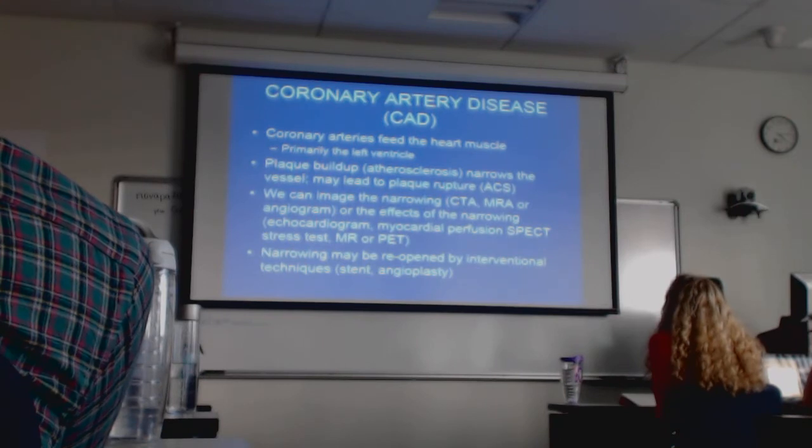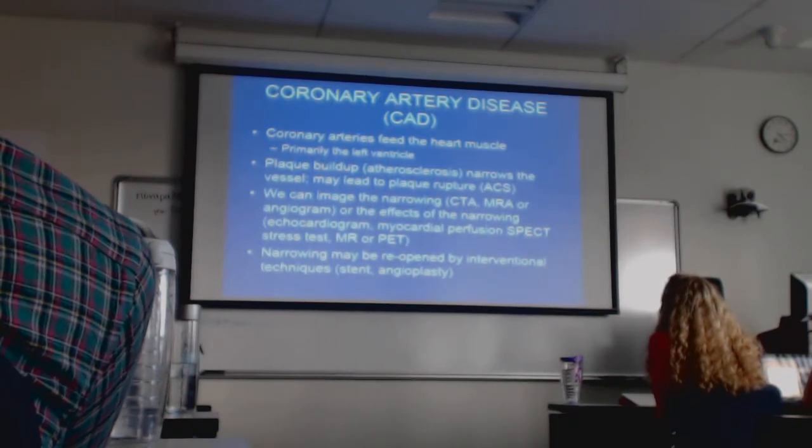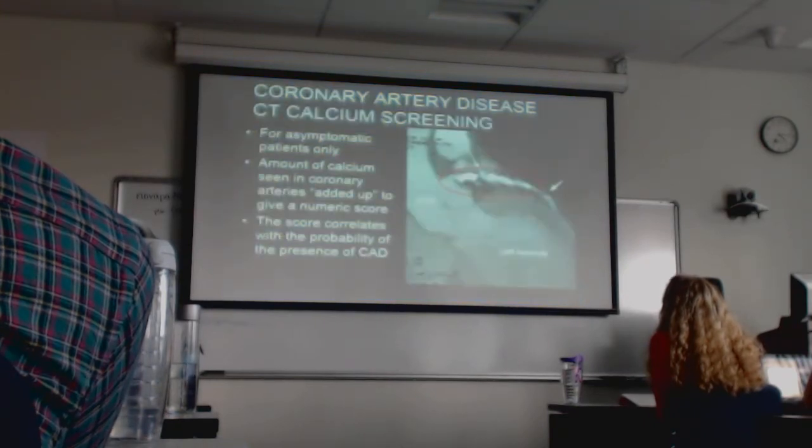Now, luckily, we have lots of different ways to see the lumen of the blood vessels, the heart arteries, so that we can predict when the heart arteries might occlude, and then we can actually go in there and prevent them from occluding by putting a stent in or doing a bypass on those folks. So lots of different ways to do that.